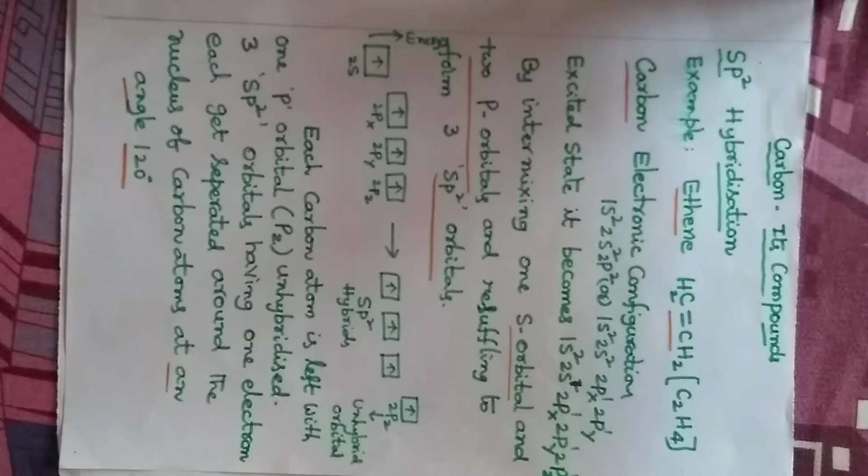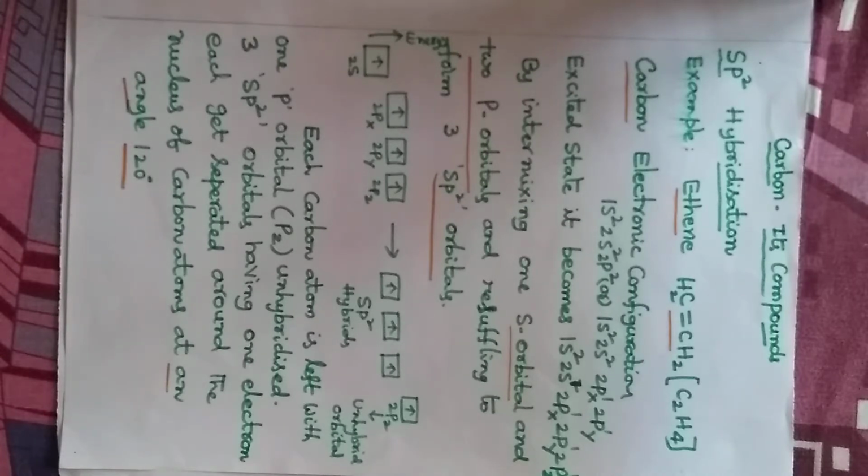Now observe the small diagram. 2s orbital, 2px1, 2py1, 2pz1. So the 2s orbital has lesser energy than the 2p orbital. That's why I have given a small difference in the heights. Now after intermixing and reshuffling, there are 3 sp2 orbitals and there is a separate 2pz orbital.